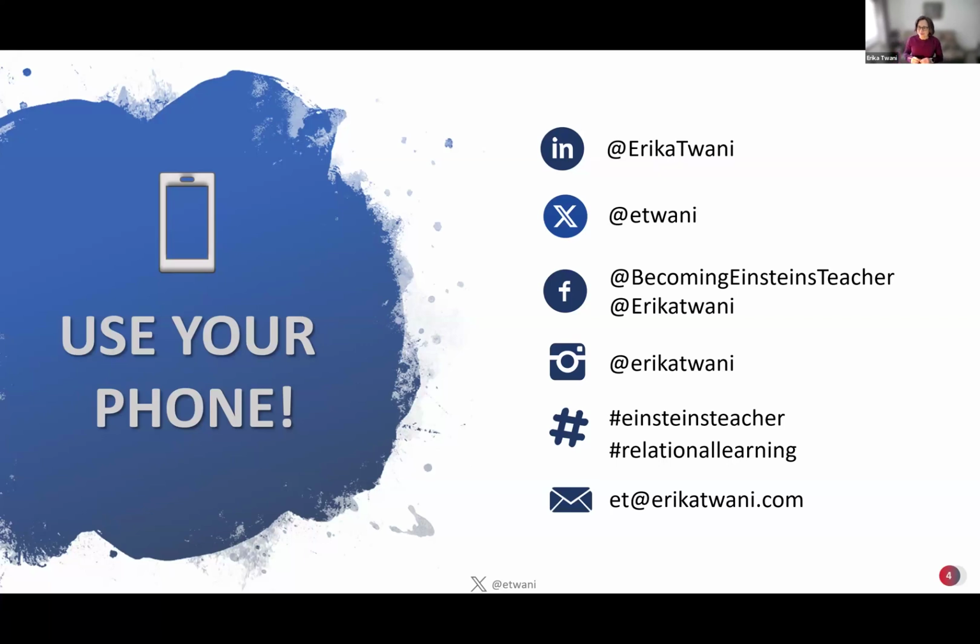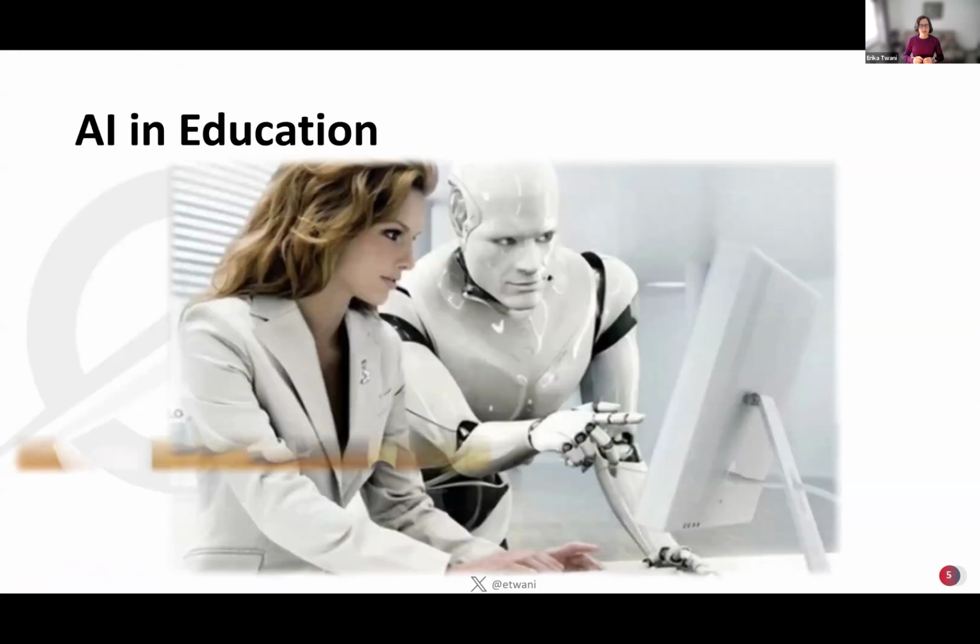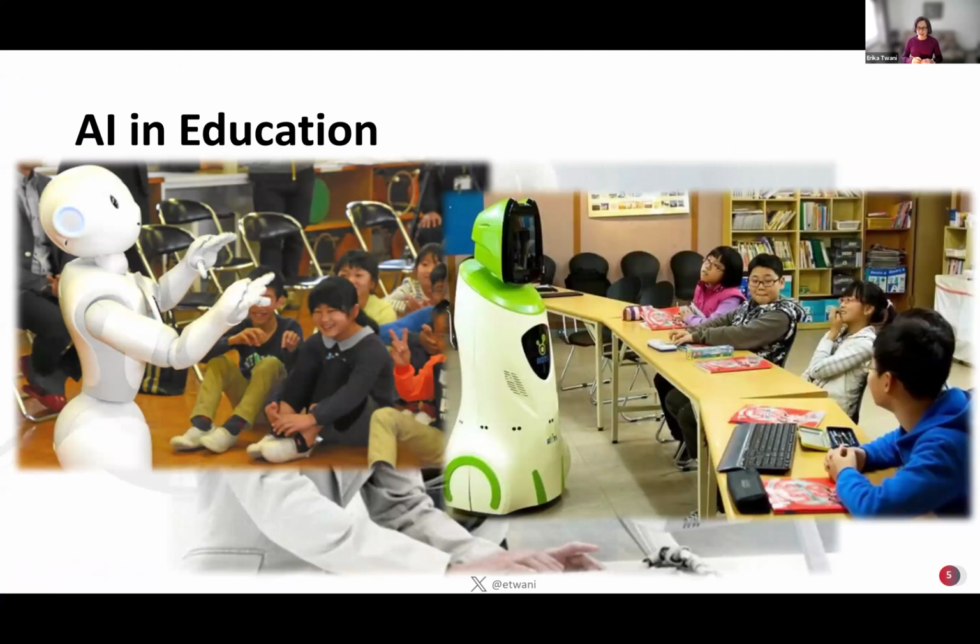Moving on. When we think about AI in education, we always thought about a bunch of extremely intelligent robots that can teach students, make the classroom fun, and replicate everything that a teacher does today in the classroom.